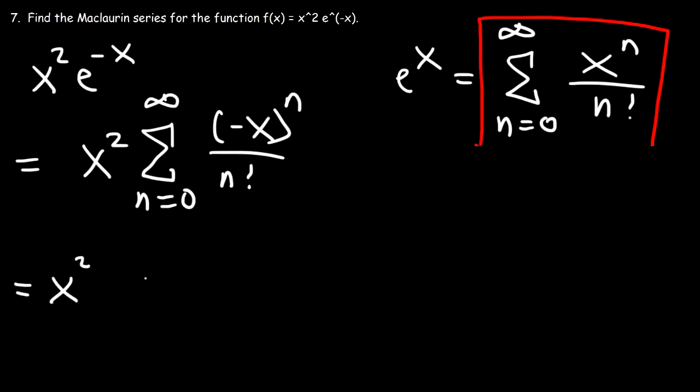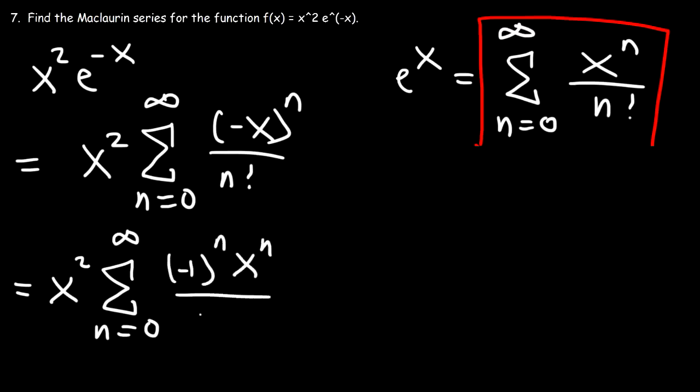So we're going to have x squared times the series of negative 1 to the n, x to the n, divided by n factorial. Now at this point, we can multiply x squared by x to the n. So all we need to do is add the exponents. So 2 plus n, we can write that as n plus 2.